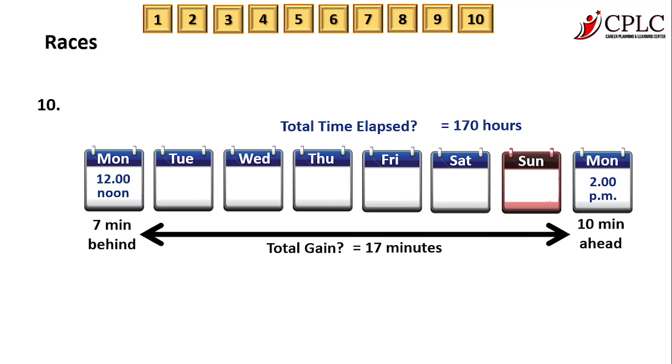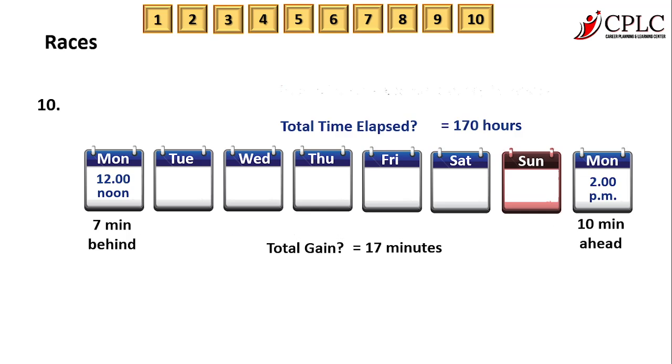So clearly you can compare now. For 17 minutes, we have traveled 170 hours. So for 1 minute, we have to travel 10 hours, because 17 tens are 170. Now we are saying the clock shows the correct time once during the week. So now we have two options basically.